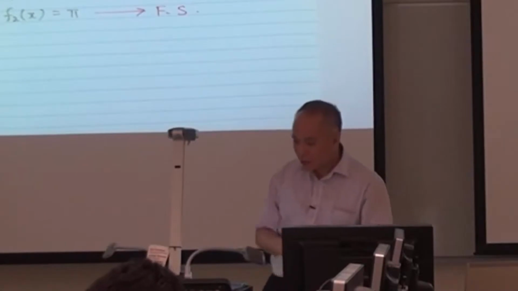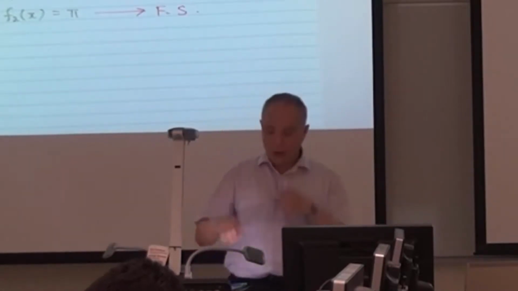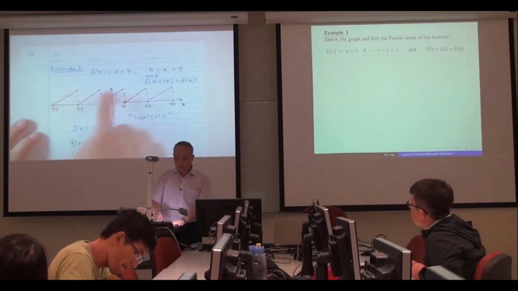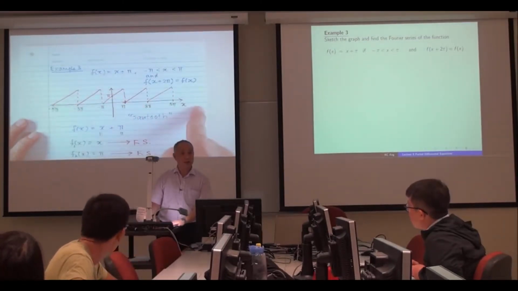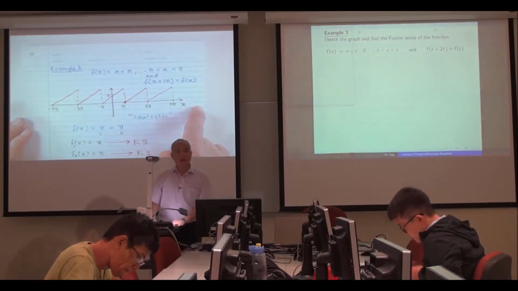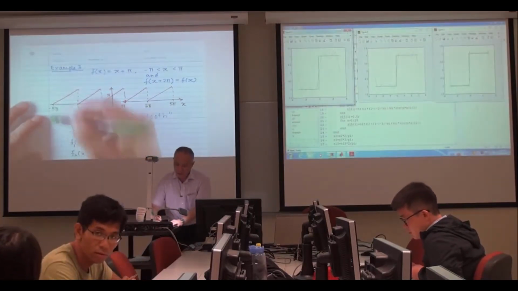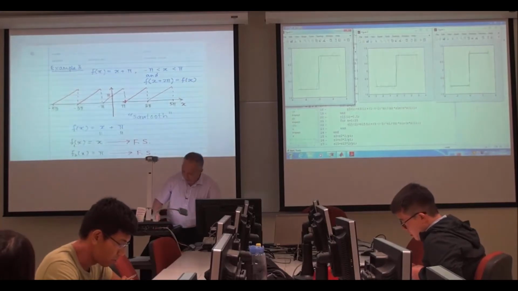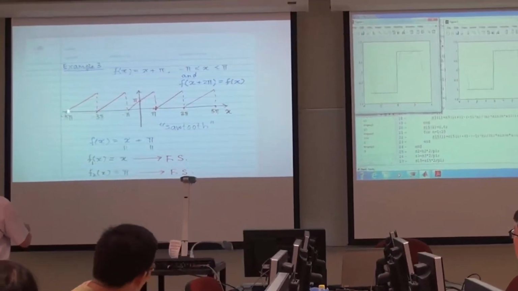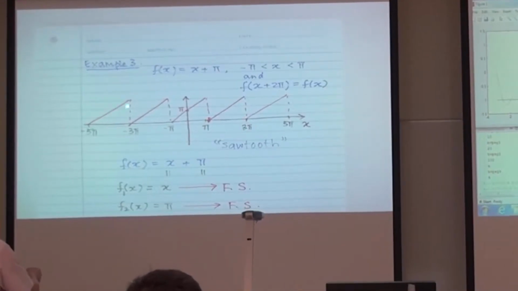So eventually when you run your program, if your program is correct, you plot the original function f of x like that, and when you plot your series, you will see something like this: oscillate, oscillate, oscillate, then oscillate, oscillate.